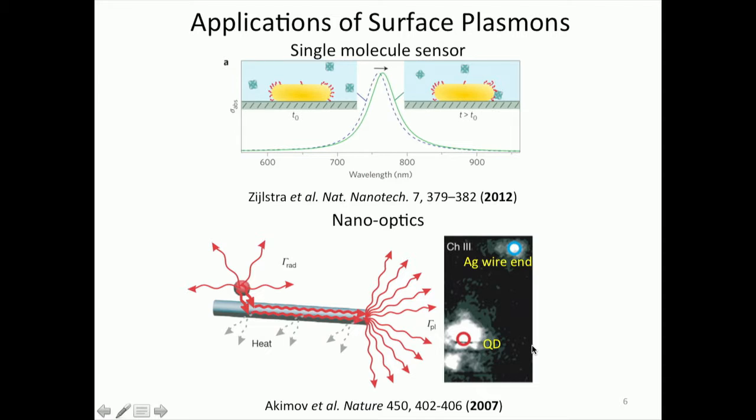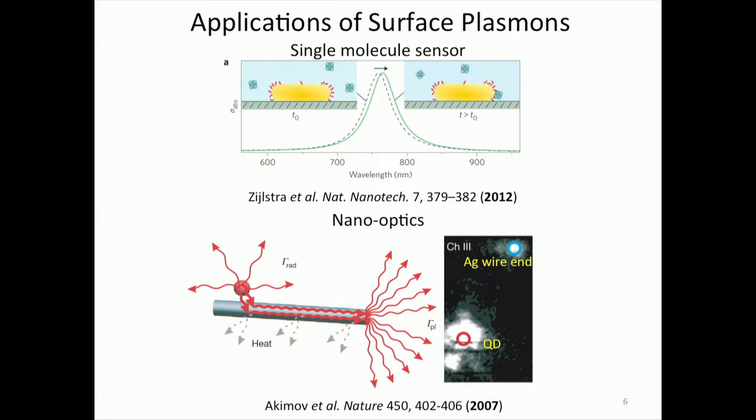Then let's talk about interesting applications of the surface plasmons to start, which are the more conventional ones. Here you see on the top a single molecule sensor developed by this paper here, which basically means that you have a nanostructure, a rod, and you can keep monitoring the surface plasmon resonance of this rod.